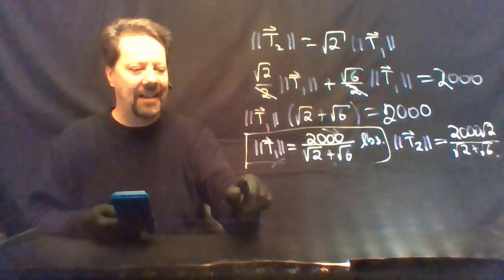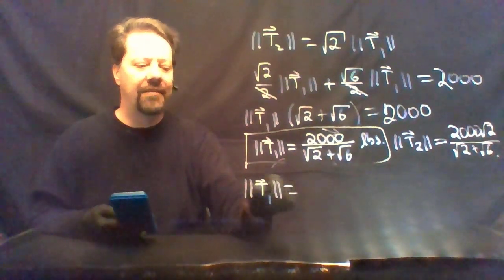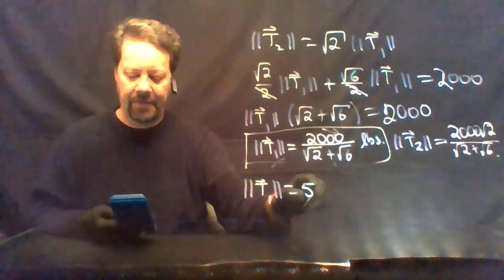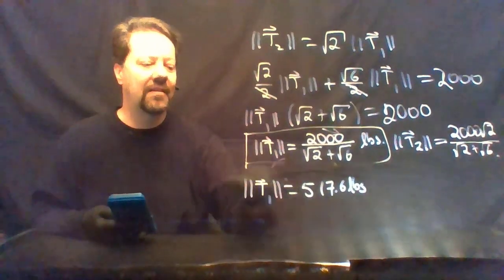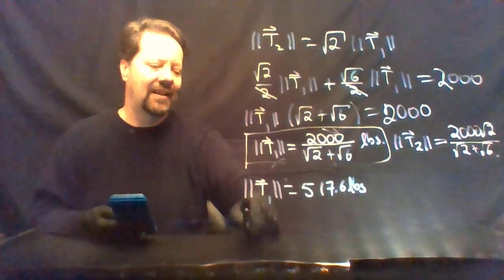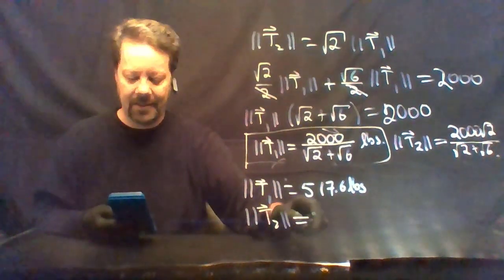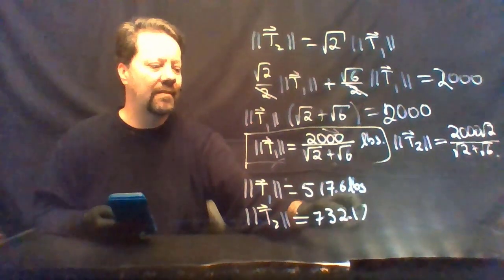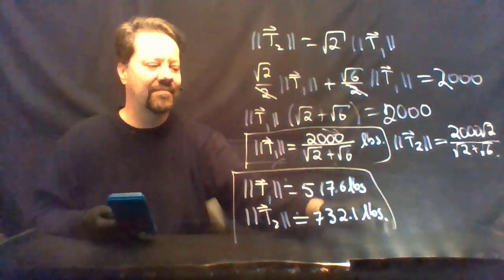Crunching these numbers on my calculator, I get the norm of the vector T1 is 517.6 pounds, rounded, and the norm of the tension in the second cable is 732.1 pounds, rounded.